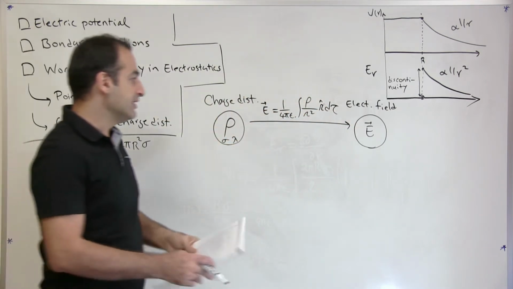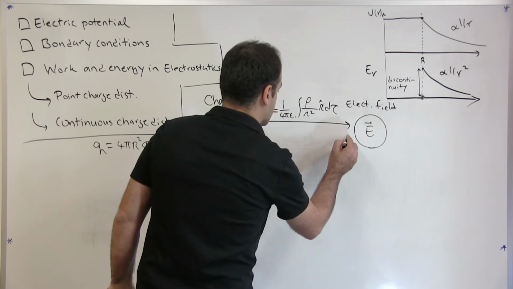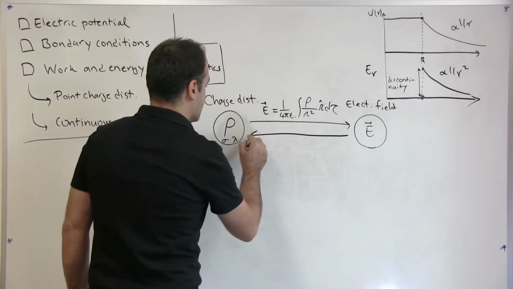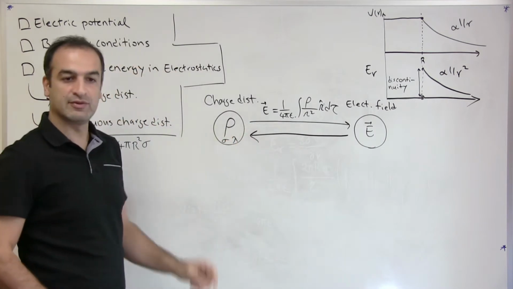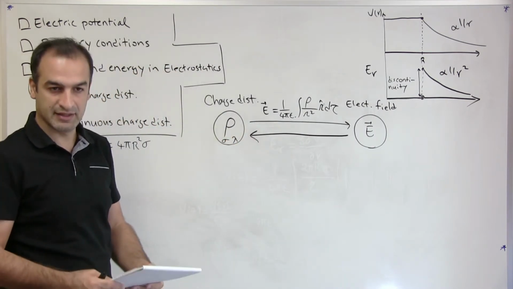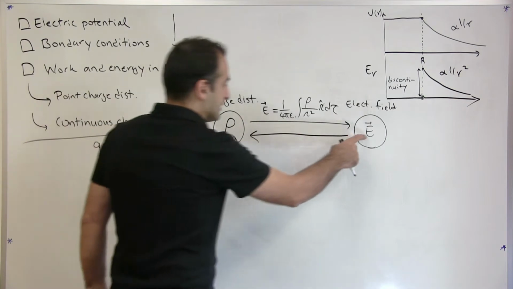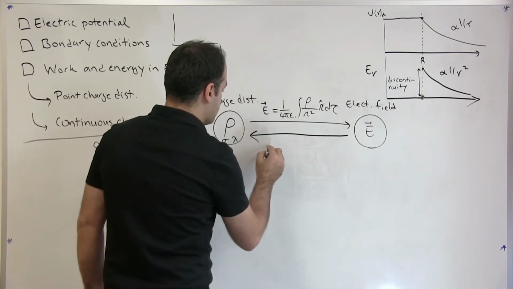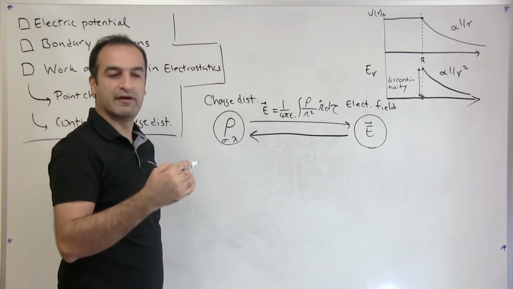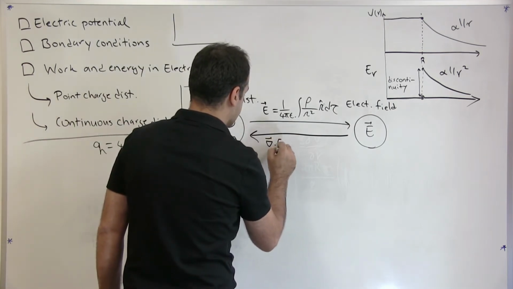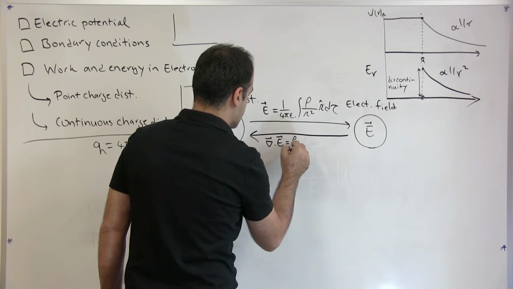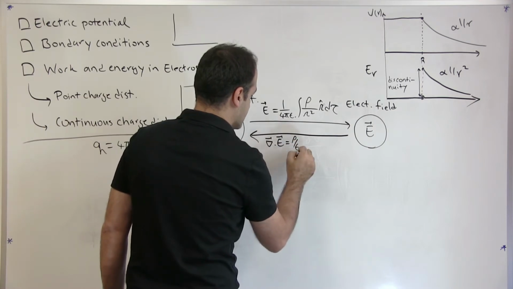Because this is difficult, we use other ways. There is also the other way around. If you have the electric field, you can calculate what sort of charge distribution created that electric field. Going around this way is the differential form of Gauss's law, which is that the divergence of the electric field is charge distribution over epsilon 0.